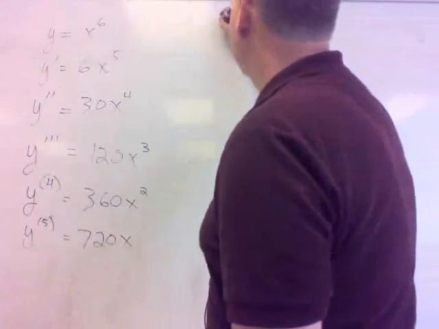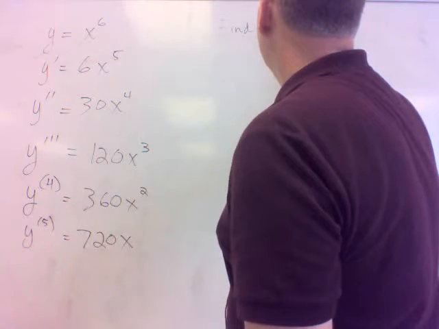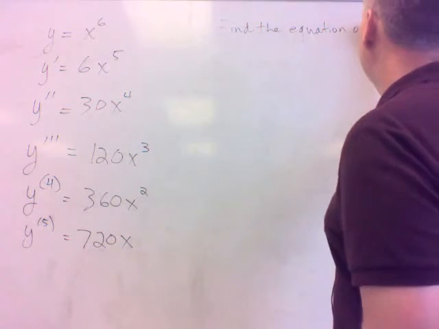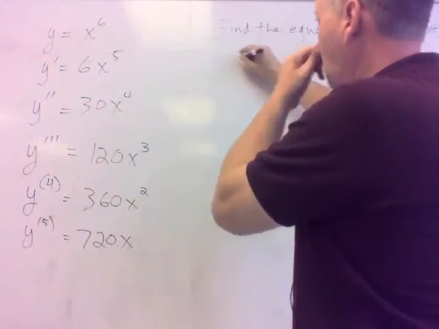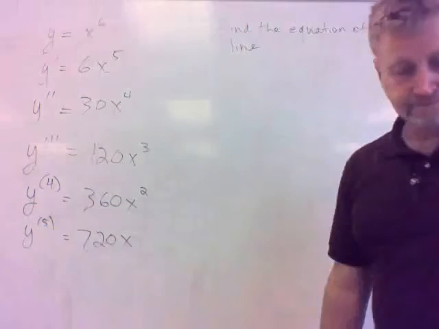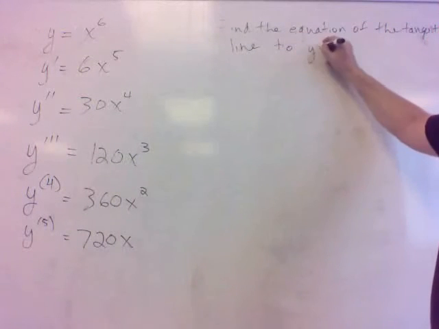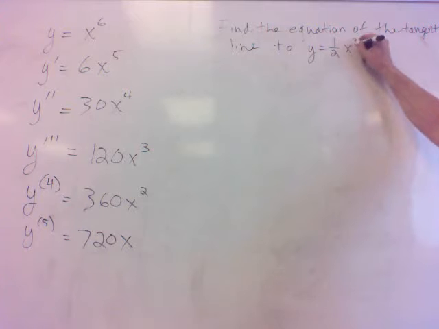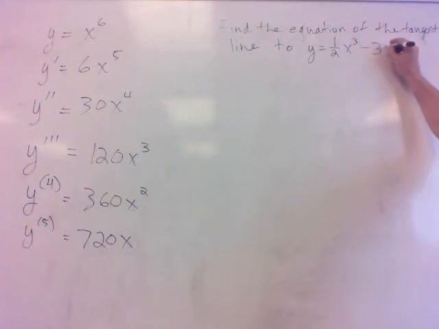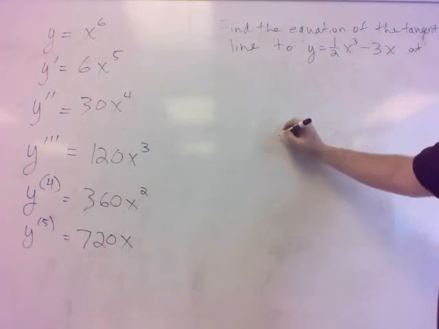One application is: find the equation of the tangent line to y equals 1/2 x cubed minus 3x at the point 2, negative 2.